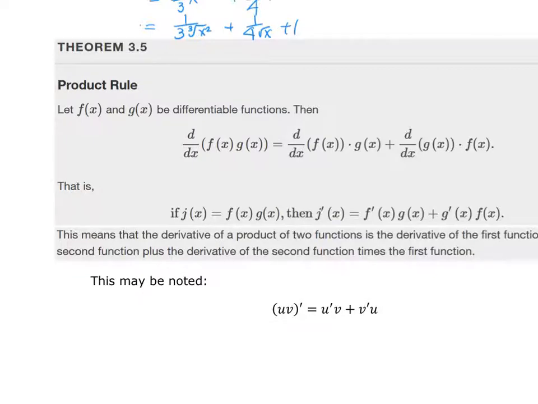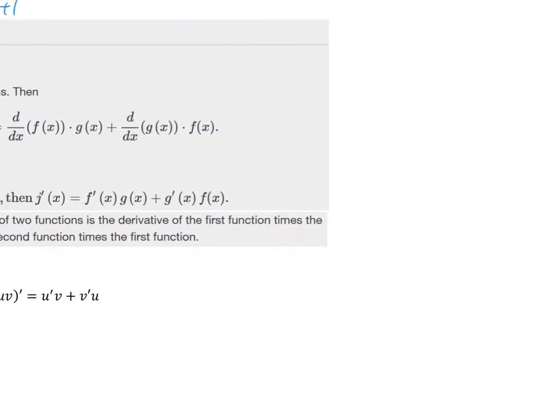So as an example, I need to think of something that makes sense to do it this way. Oh, I know. The square root of x multiplied by x squared plus 1. So here's my function.